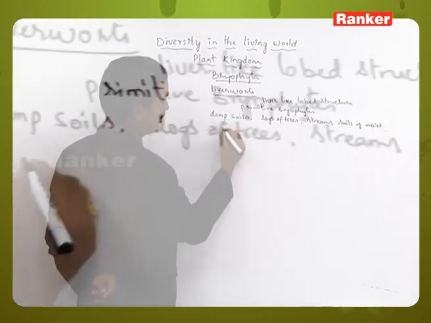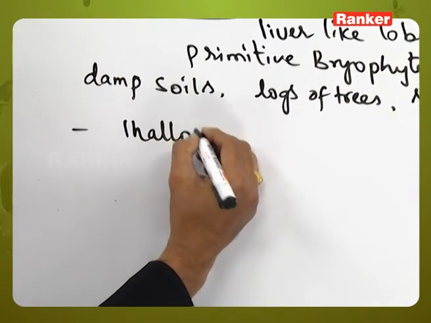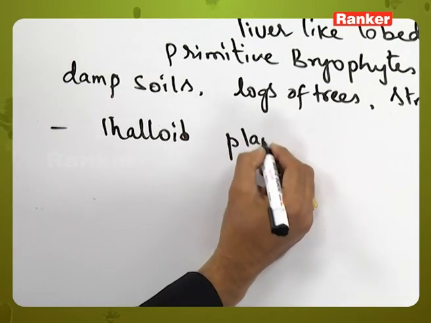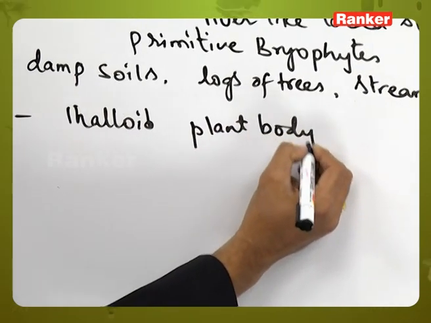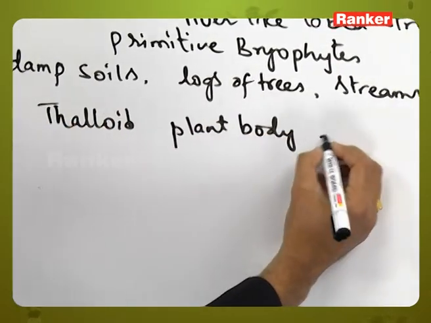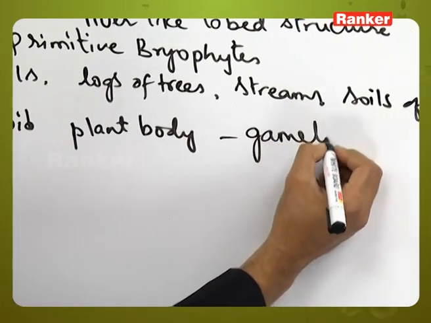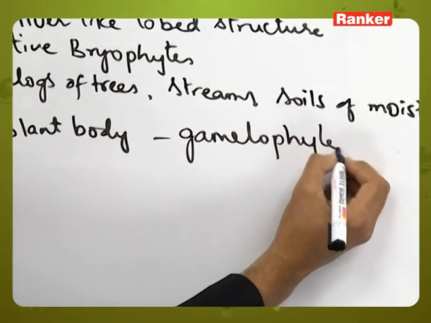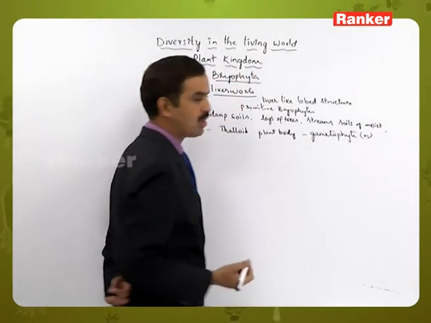These members generally show a thalloid plant body, and here the thalloid plant body is nothing but the gametophytic generation, which is the haploid and dominant stage.